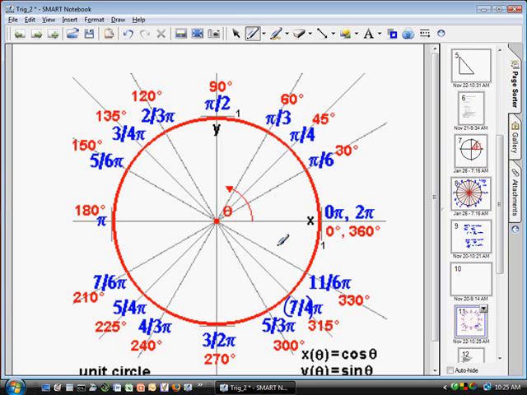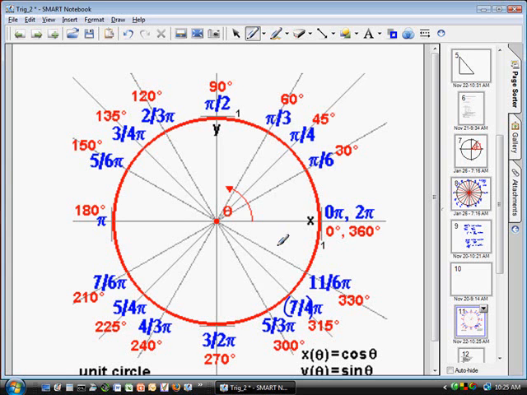In fact, eventually where we're headed is we're going to be making a chart. One of the rows in the chart will be degrees, and right above it I'm going to have radians. And probably on every one of these quizzes I'm going to have you guys translate from one to the other.